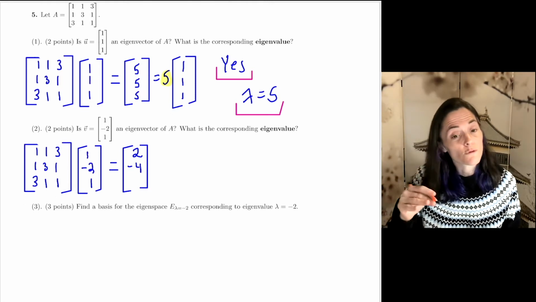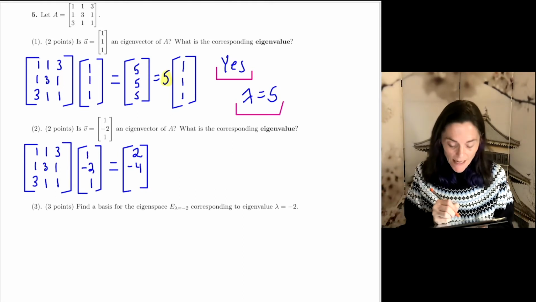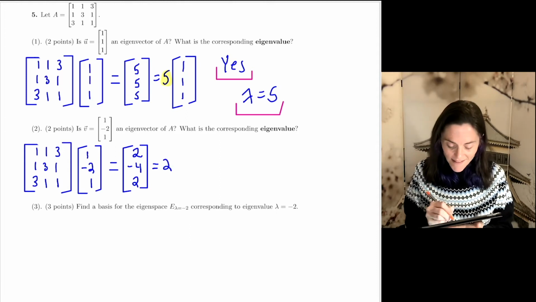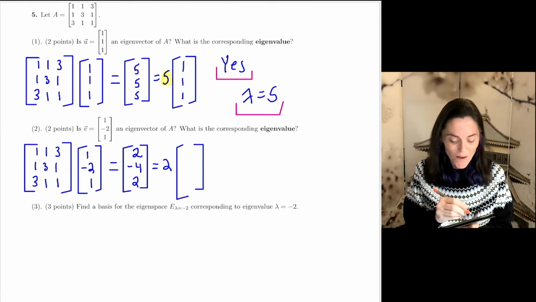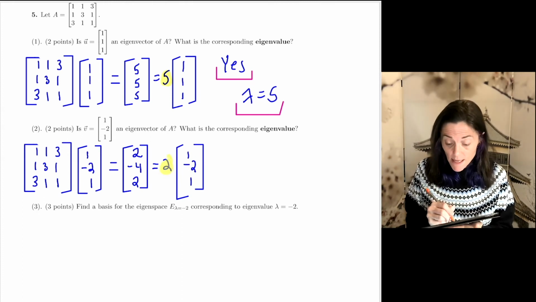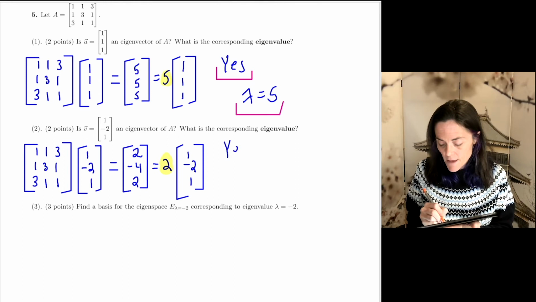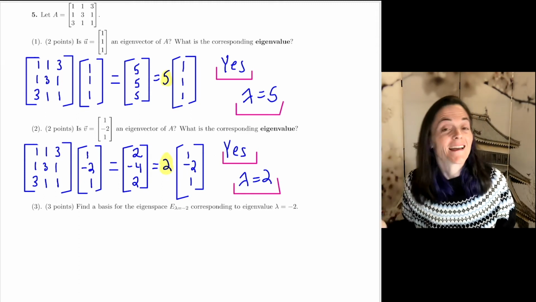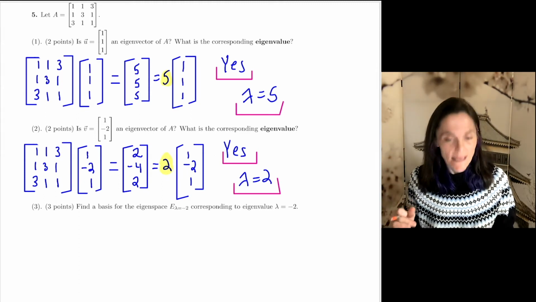And then we have 3 minus 2 plus 1, which is positive 2. And we can see this is 2 times the vector 1, -2, 1. So once again, the answer is yes. We have an eigenvector, and the eigenvalue is 2. AV is a multiple of V. Well, and V is non-zero, so V is an eigenvector.